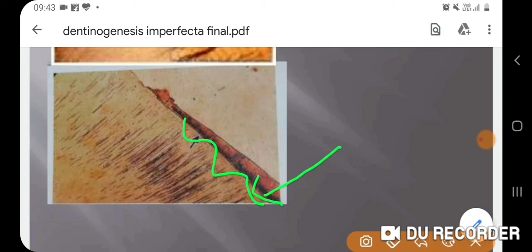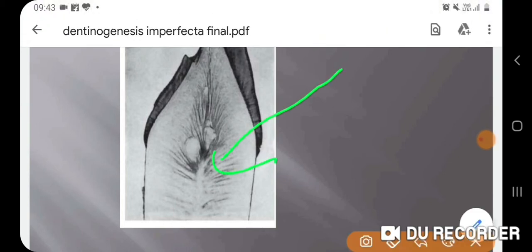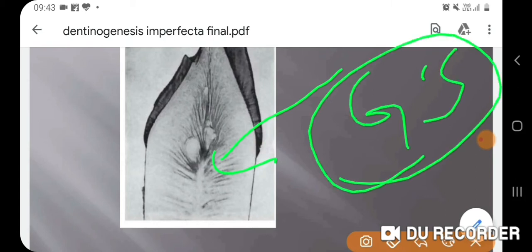That's why the enamel has a weaker bond with the dentine and easily chips out. There is overproduction of the defective dentine and pulp obliteration is also seen in the ground section. This is well observed here, and dentinal tubule obliteration is also present.